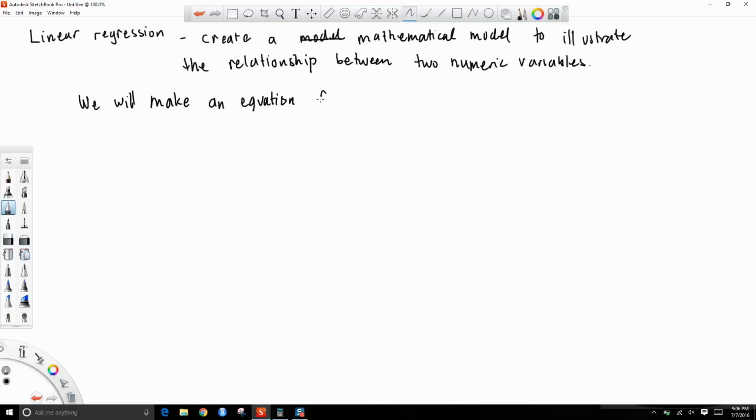Make an equation for a straight line. And we can use this equation to make predictions.